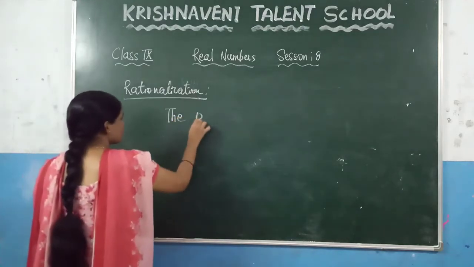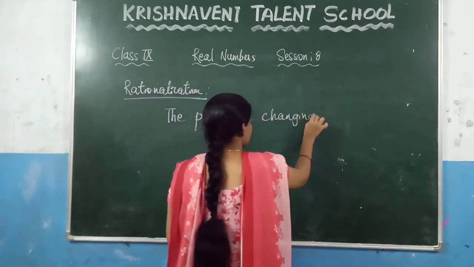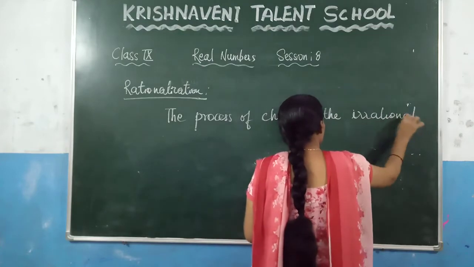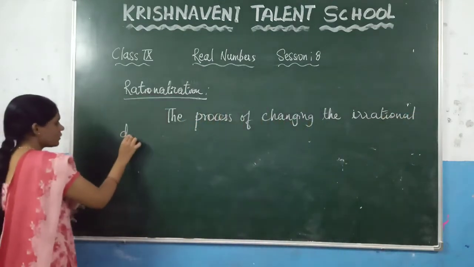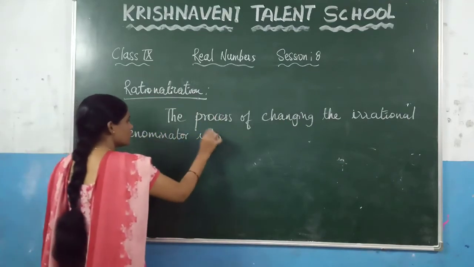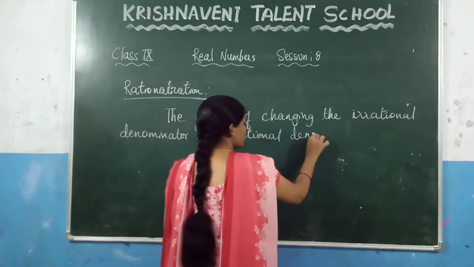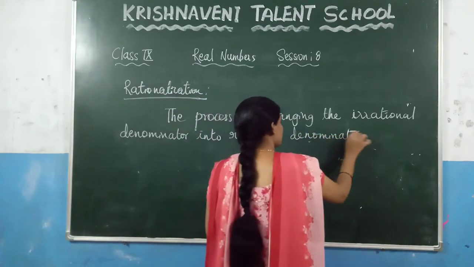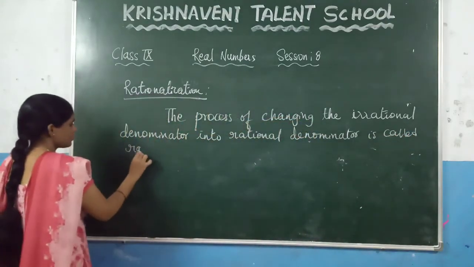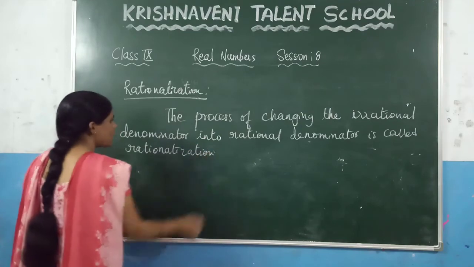The process of changing the irrational denominator into a rational denominator is called rationalization. This process we call rationalization.